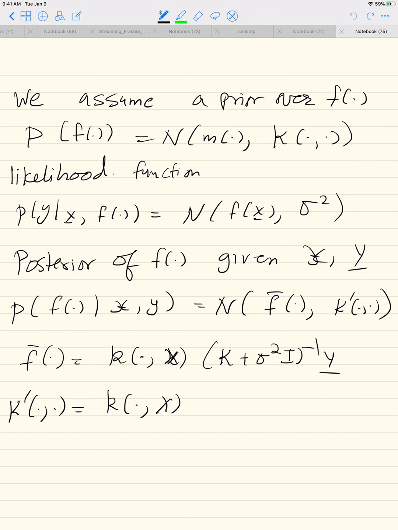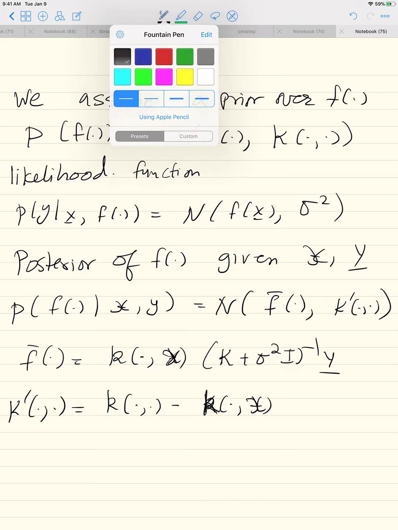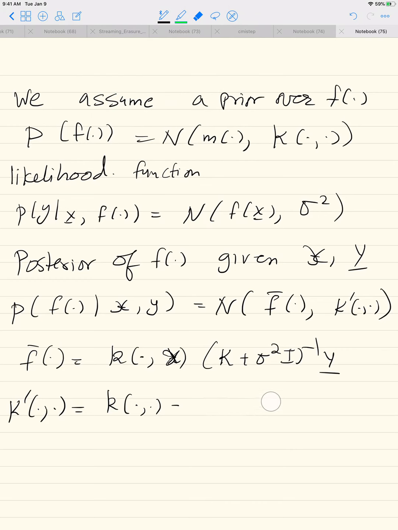So this is the original kernel minus k evaluated at the data matrix, k plus sigma square I inverse, and k of x and dot.